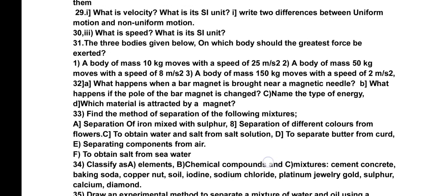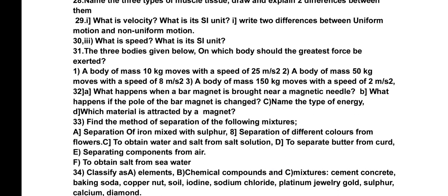29th question is, what is velocity? Velocity is the speed of an object moving in a definite direction. The SI unit of velocity is meter per second. The difference between uniform motion and non-uniform motion is asked.